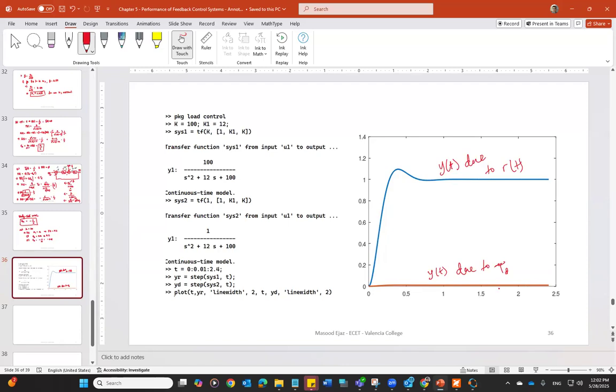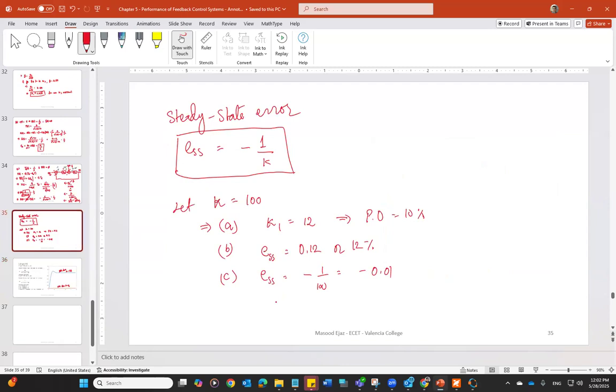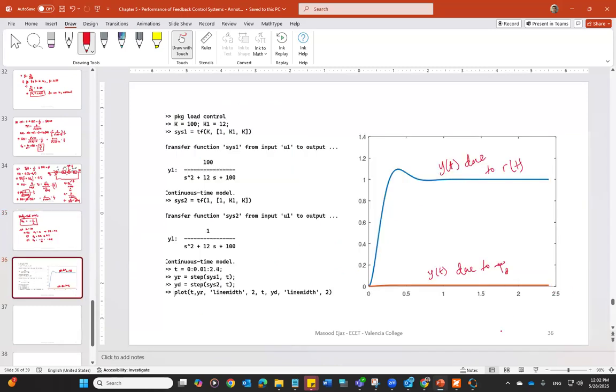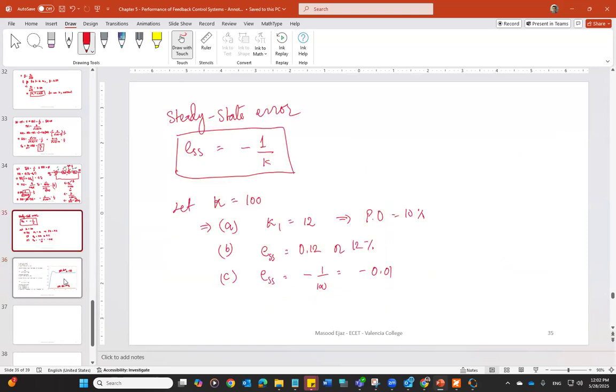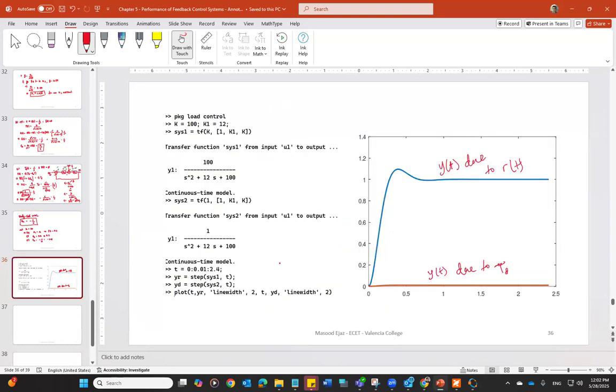And since y(t) has some value, that's why you see here our steady state error came out to be negative, because the steady state value of y is 0.01, as you can see from this curve. But the input is 0. So 0 minus 0.01 gives a negative steady state error. Okay, so this concludes this problem. We found the values of k and k1 per requirement, and we plotted the output for both the step input and the step disturbance.